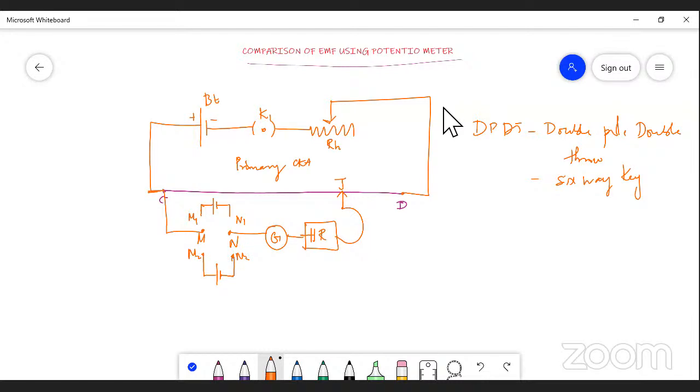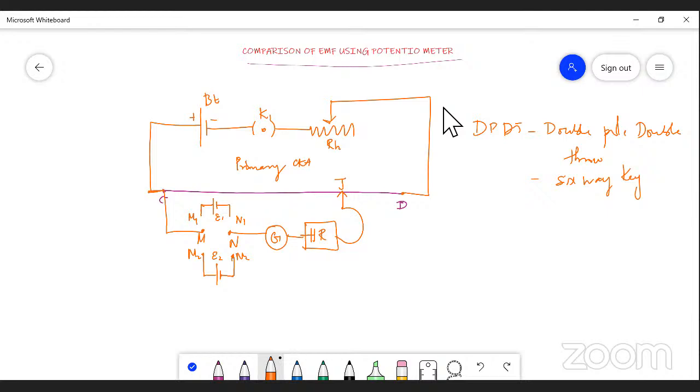So this forms the secondary circuit. This is the six-way key. This arrangement is called a six-way key.